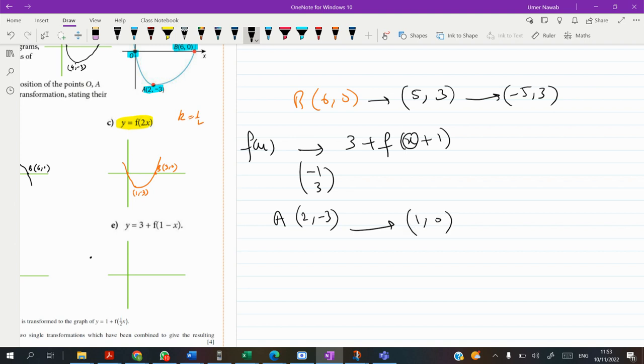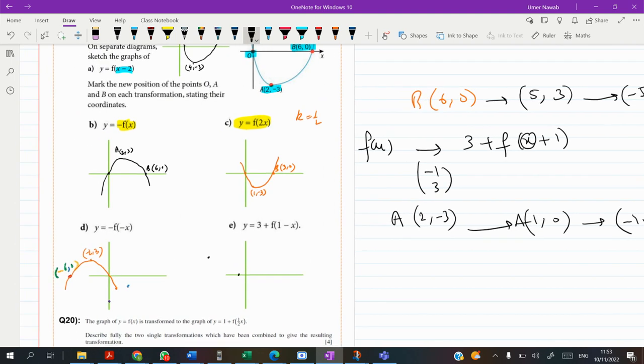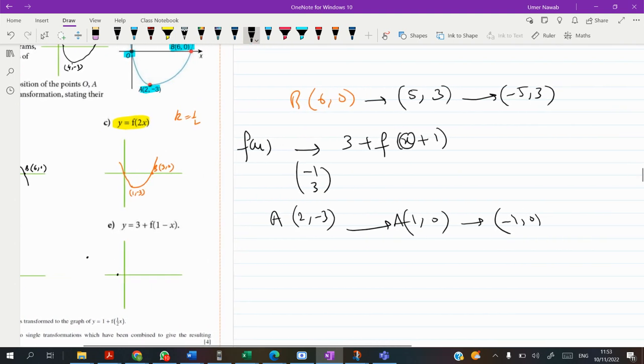Agreed? (1, 0). And then I change the signs of the x coordinates as minus 1, 0. So minus 1, 0. This is the point. And where the (0, 0) goes, the (0, 0) goes negative 1, and then I need to go 3 up, so negative 1, 3, and then finally it will become (1, 3).